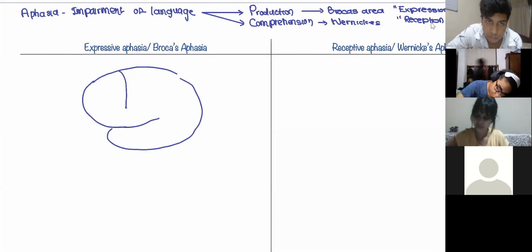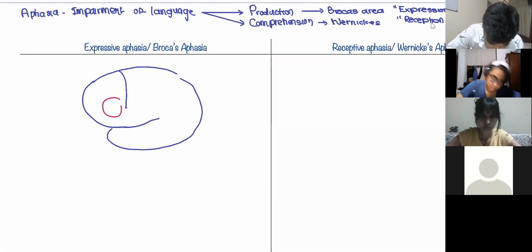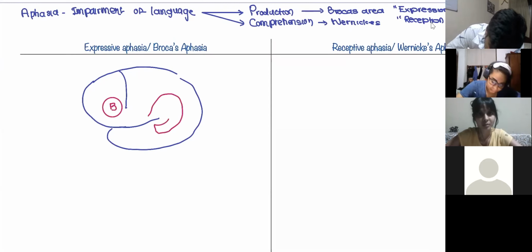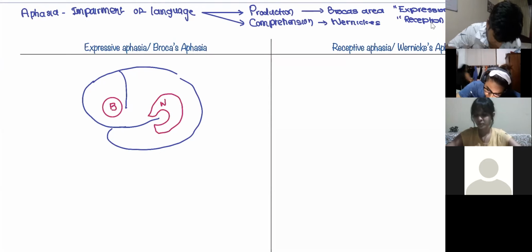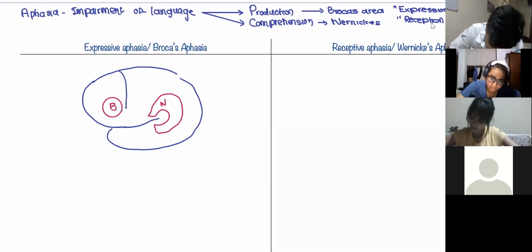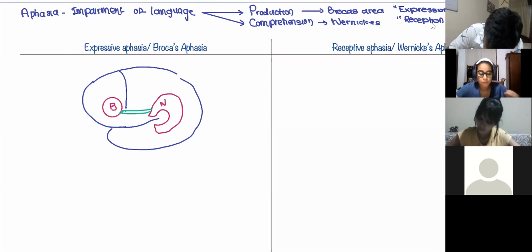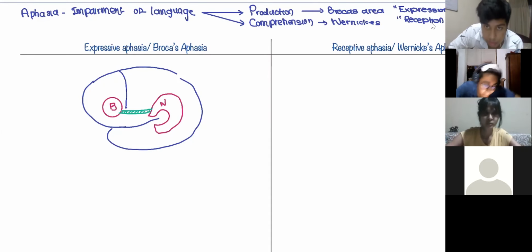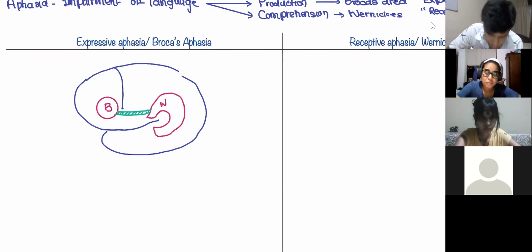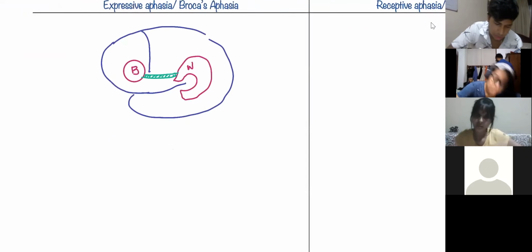It tells you where the lesion is in a stroke, and it tells you where the Broca's area is. This is the Wernicke's area. What are these fibers called? Arcuate fasciculus. Yes. We don't need that, but this is the structure.